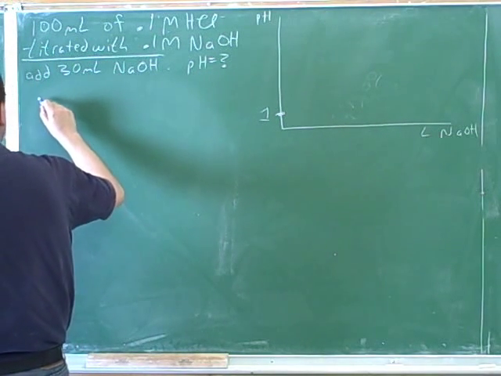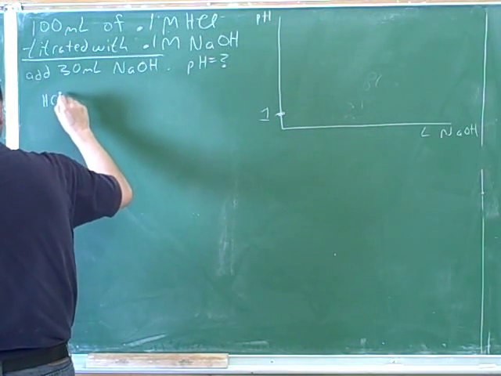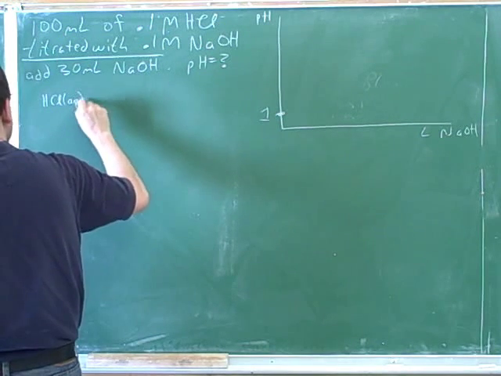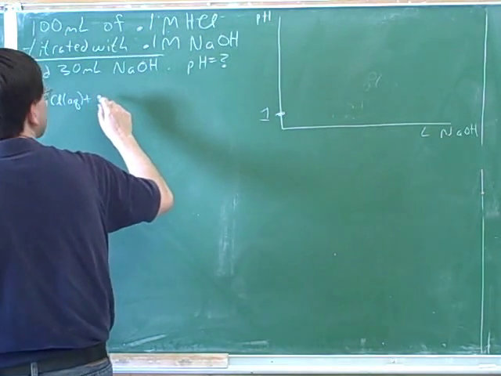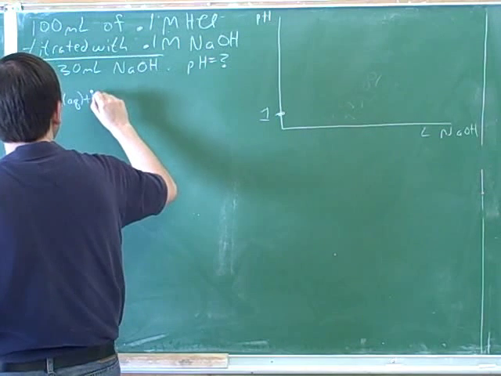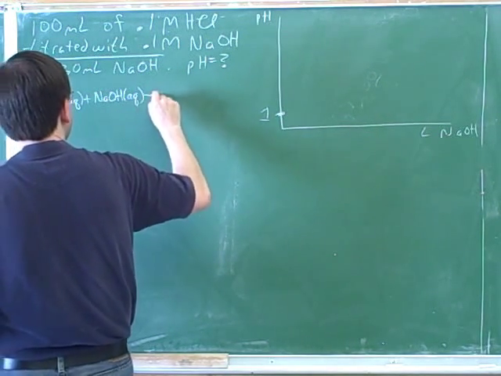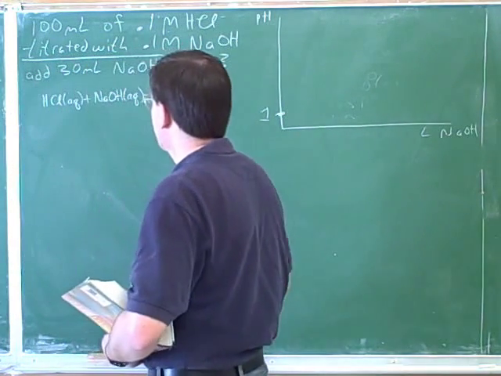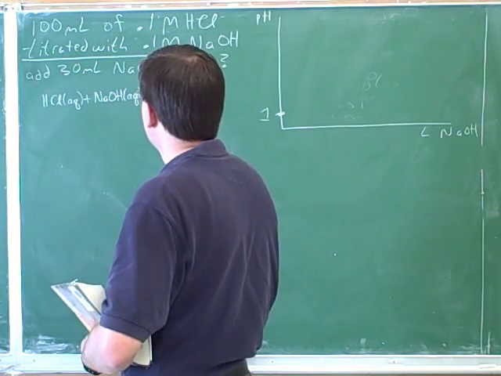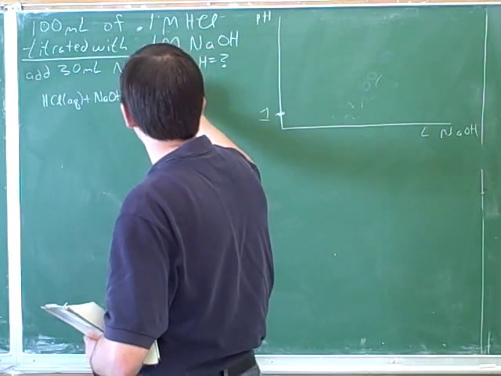So we're going to write this as hydrochloric plus sodium hydroxide. What are going to be the products? H2O and NaCl.